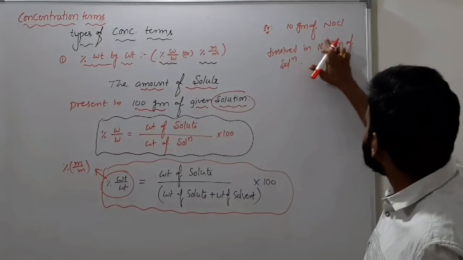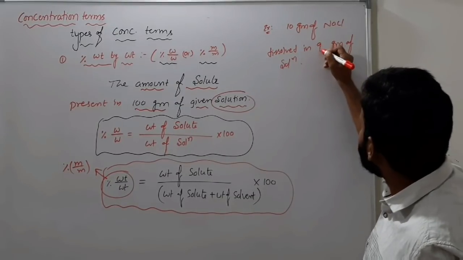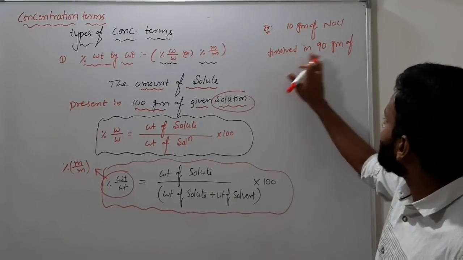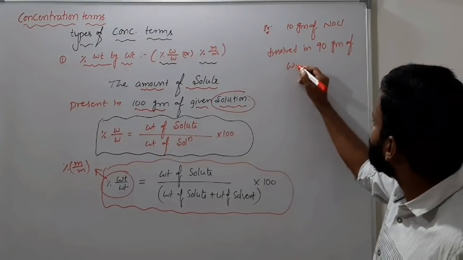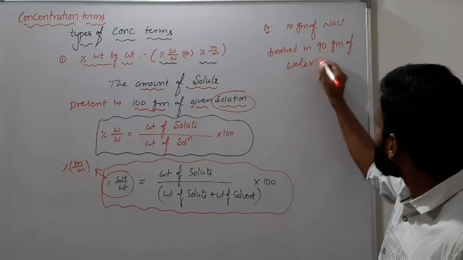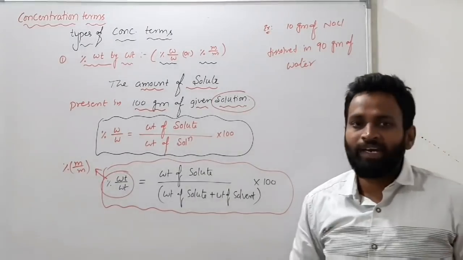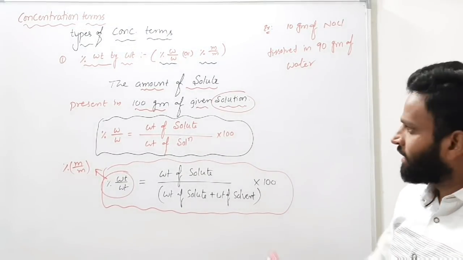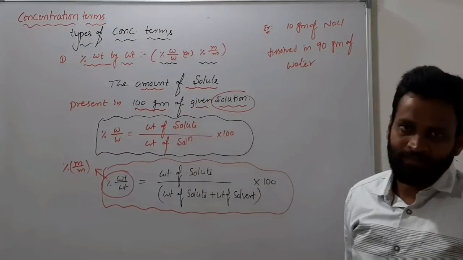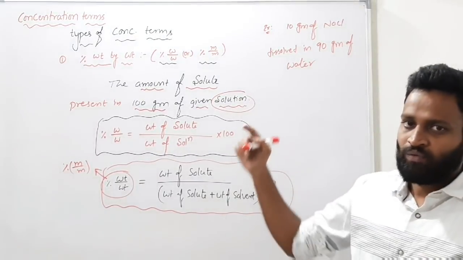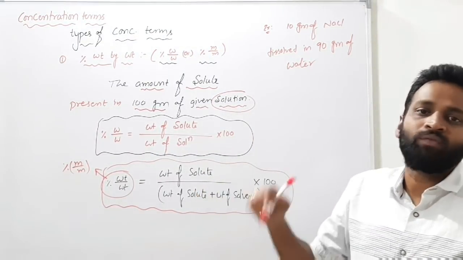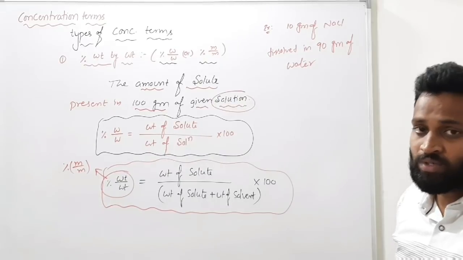Otherwise, if they give 90 grams of water, because it's weight by weight. Get it? Both must be in terms of weights. Both means weight of solute as well as weight of solvent. Both must be in terms of grams.